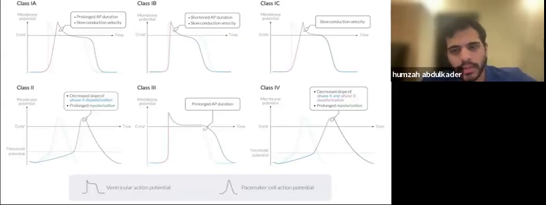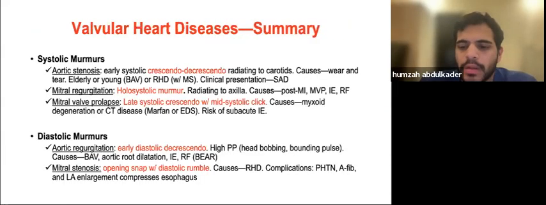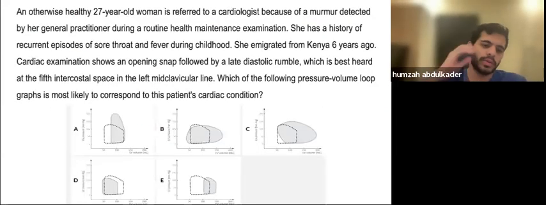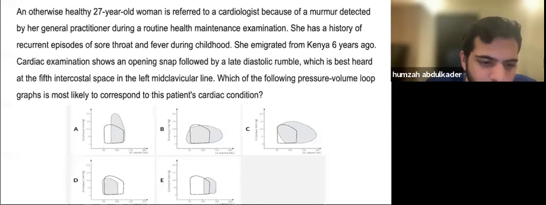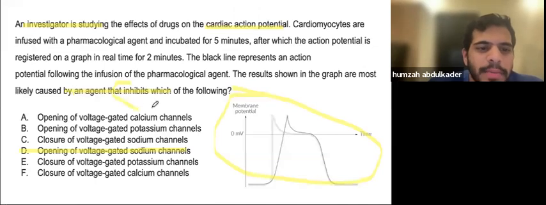Any questions about this? Clear. Okay, perfect. Now, this question. In that question, why isn't it closing of the sodium channels? Because the question here is asking which of the following is inhibited.